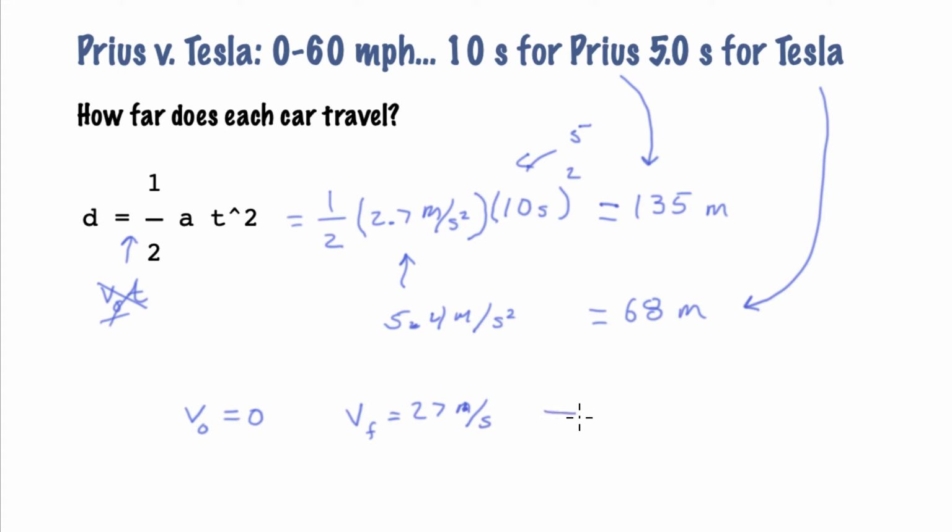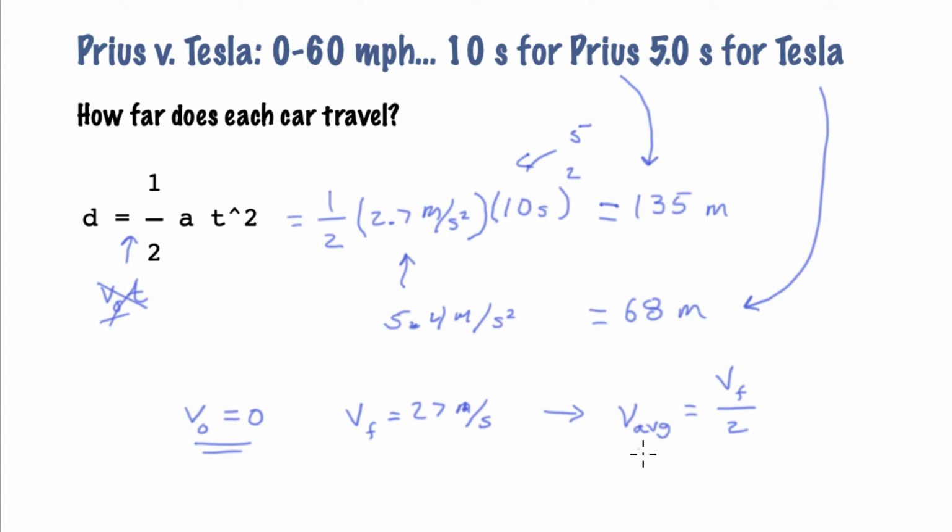Well, it's only true when something starts from rest, but we're going to use this in lab, as a matter of fact, many times: if something starts from rest and ends up going some final speed, here 27 meters per second, then the average speed or velocity of the car is equal to half the final velocity. If you want to think of it like this, for half the time the car is traveling, it's going slower than the average velocity, and for half the time the car is traveling, it's going faster than the average velocity.